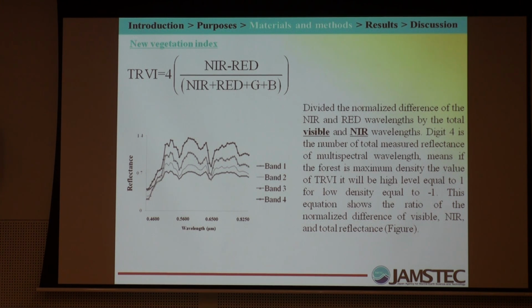For this equation, we divided the normalized difference of near infrared and red wavelength by the total wavelength of the multispectral, multiplied by the 4 wavelengths. This equation indicates dense forest as equal to 1, and low density forest as equal to -1.